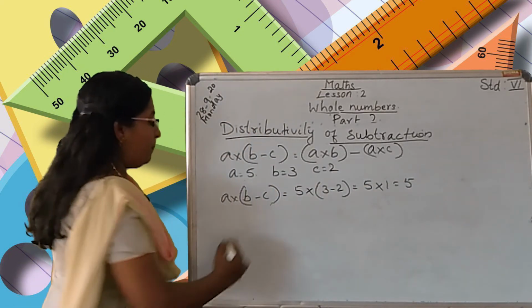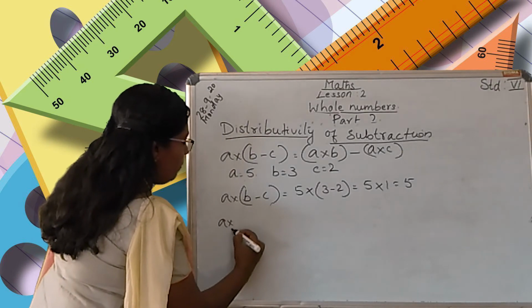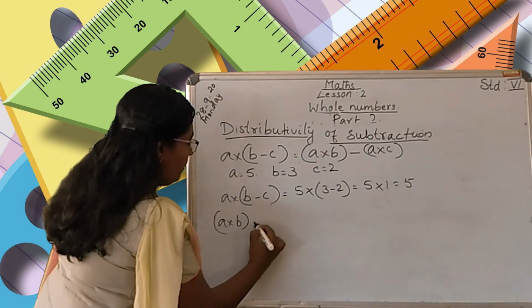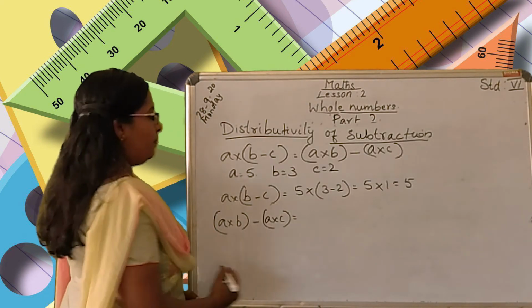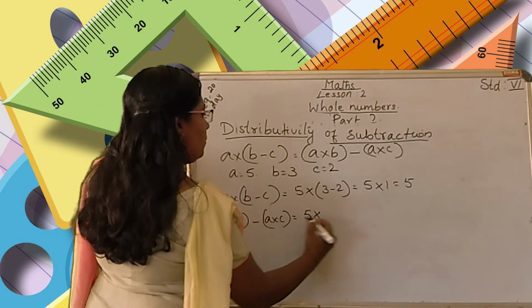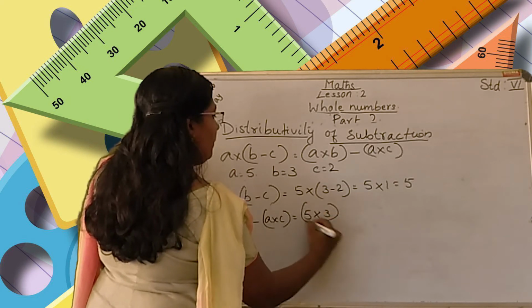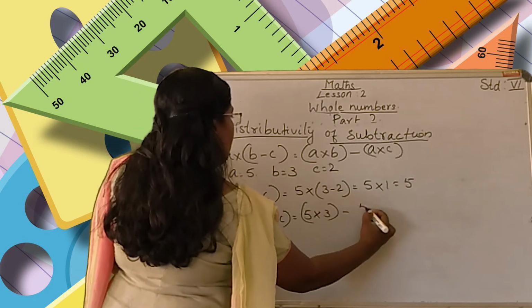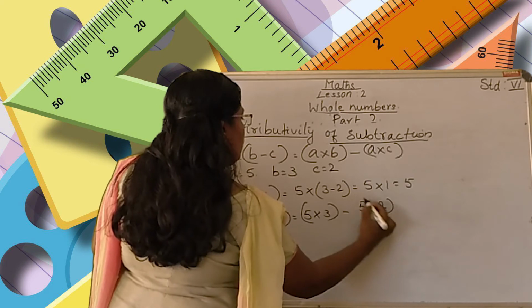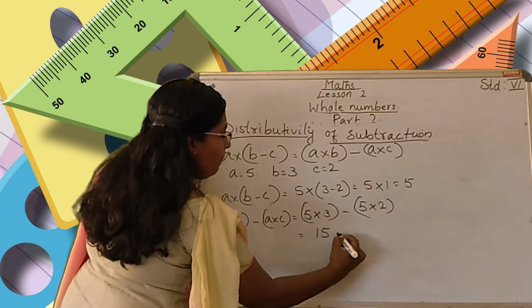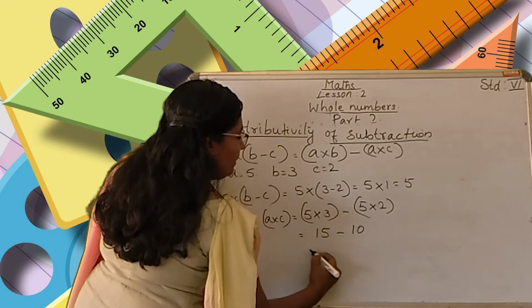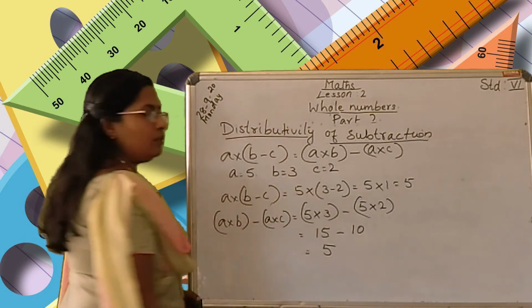You can check. A into B minus A into C, that is 5 into 3 minus 5 into 2. 5 3s are 15 minus 10 equal to 5.